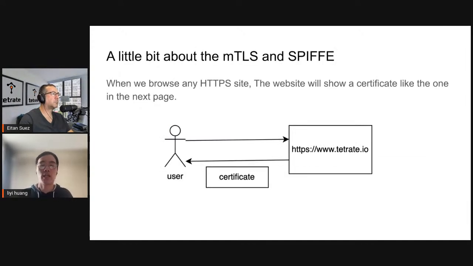Okay, so that's where I'm gonna talk a little bit about SPIFFE, mutual TLS, and TLS. For example, for normal TLS, when a user tries to browse any website, let's say https://www.tetrate.io, tetrate.io is gonna give you a cert, and the user is gonna verify this cert. From this cert, the user is going to know if I'm really accessing Tetrate.io or not.